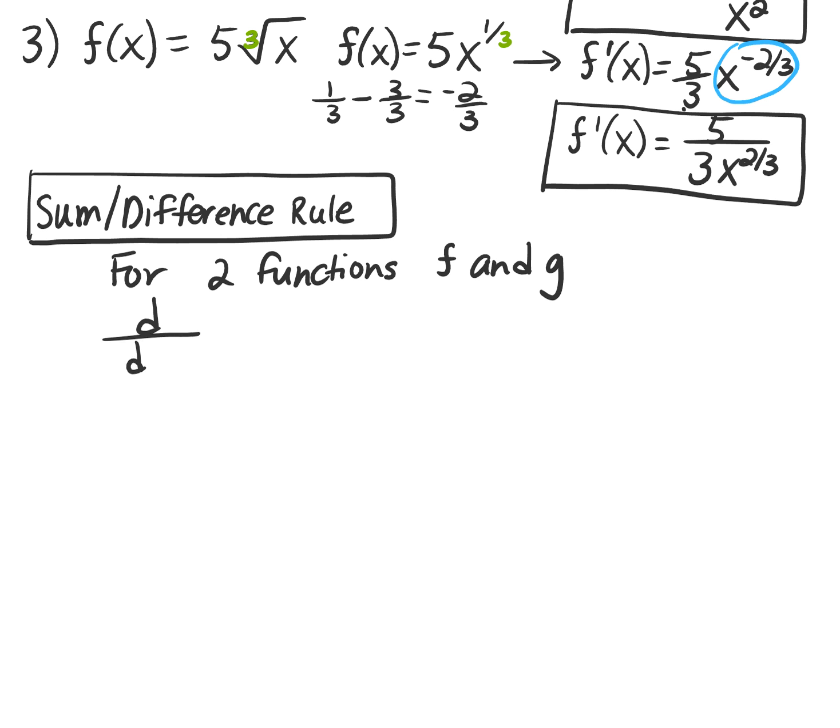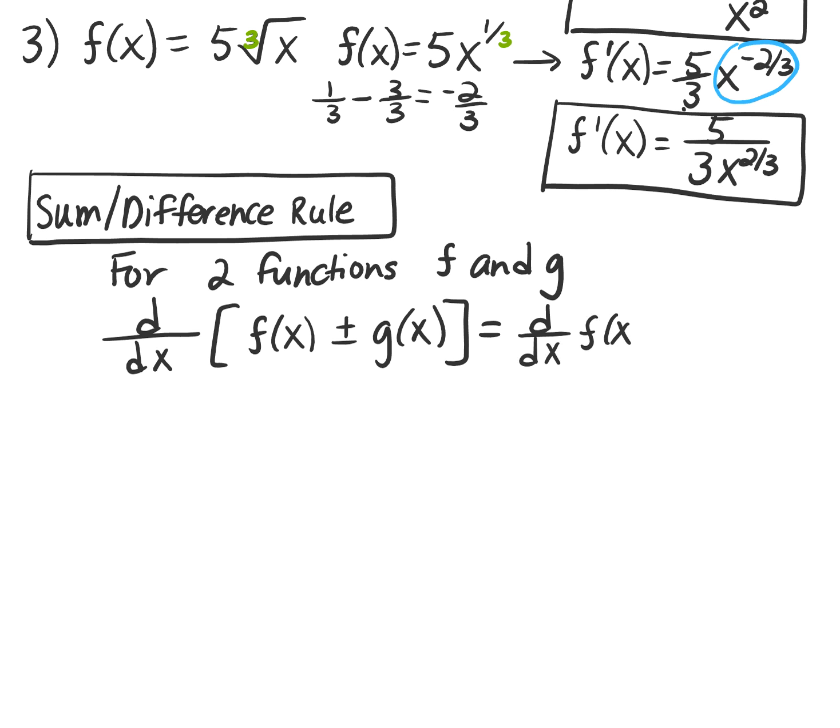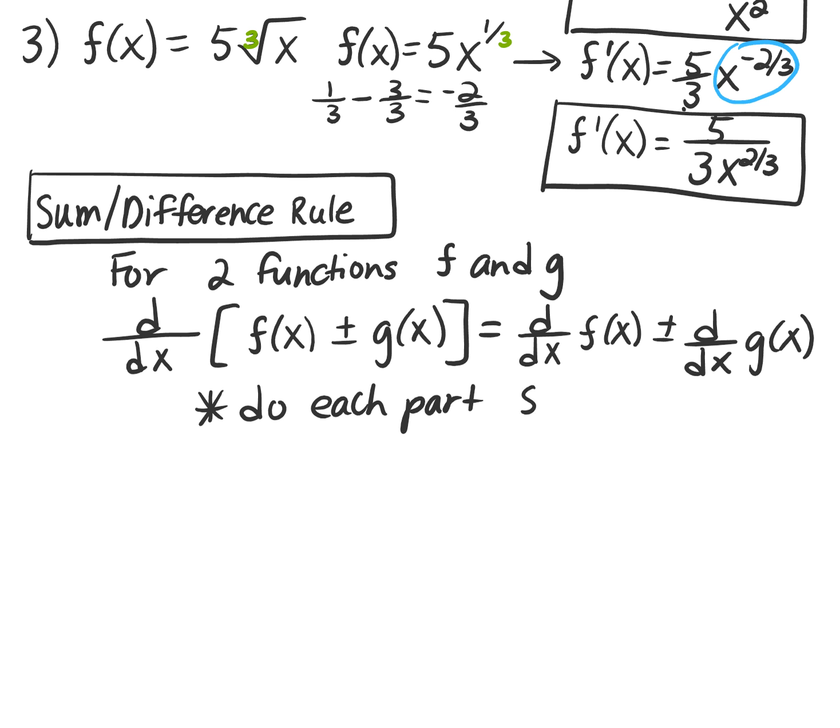D over dx of f of x plus or minus g of x is equal to the derivative of f of x plus or minus the derivative of g of x. So really, all this is saying is to do each part separately, as long as you have just adding or subtracting.